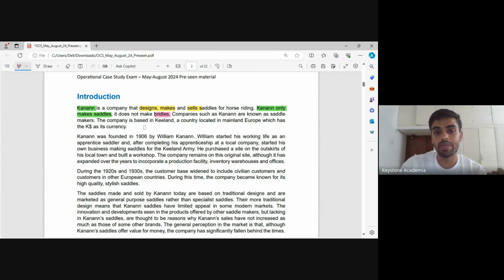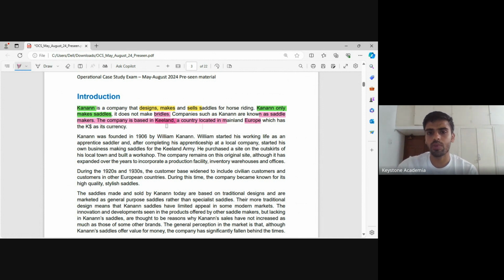The company is based in Keyland, a fictional country located in mainland Europe which has the K dollar as its currency. So they have given an area in Europe. And if you see European history, there have been a lot of things happening: migration, war, and other things going on and on.